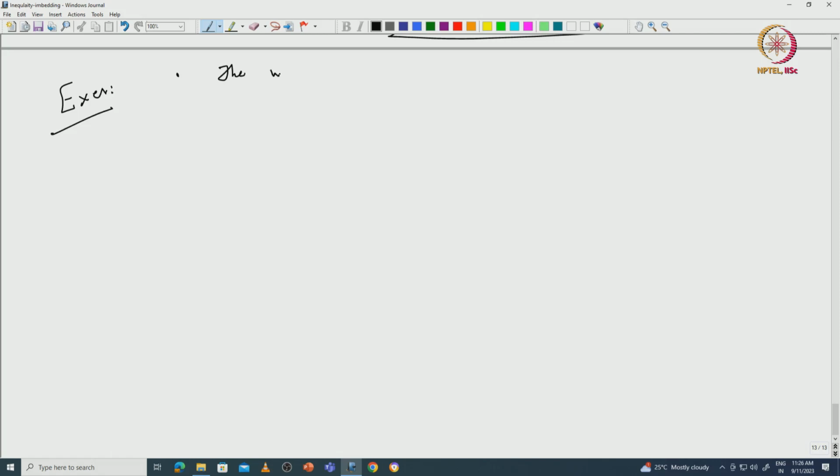You can prove the inequality on the space of all u in W1,p of omega whose trace value is 0 on gamma naught.